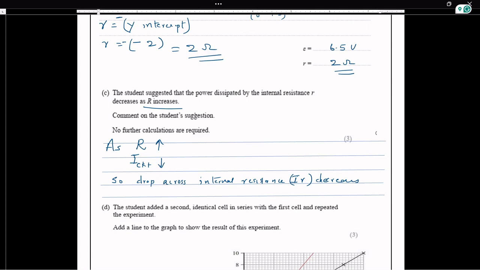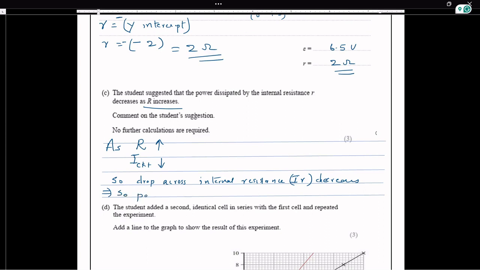So the drop decreasing means the I r value is decreasing. Therefore, the drop across the internal resistance decreases, and therefore the power I squared r decreases.